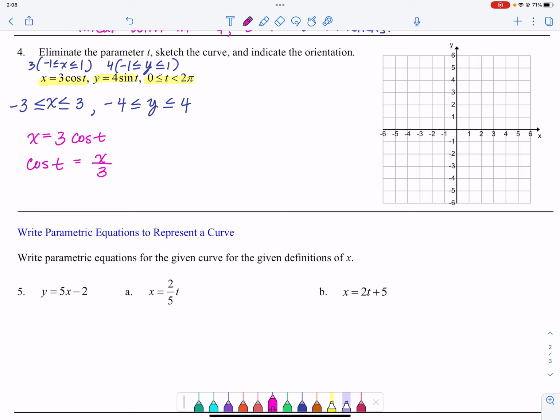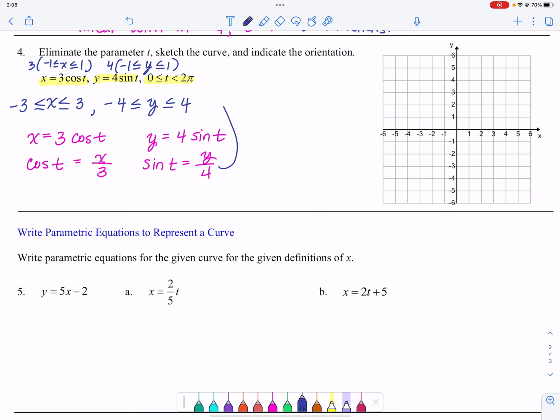And so the cosine of t is x divided by 3. And if we have y equals the sine of t, we have that the sine of t is equal to y divided by 4.